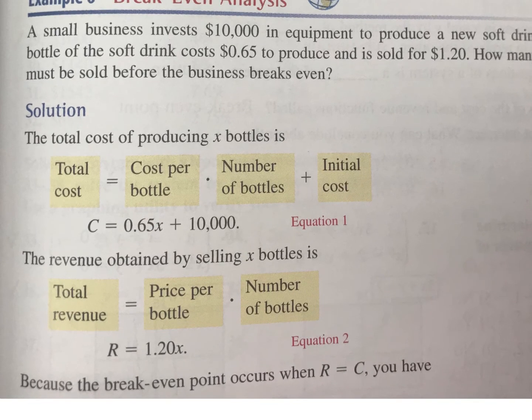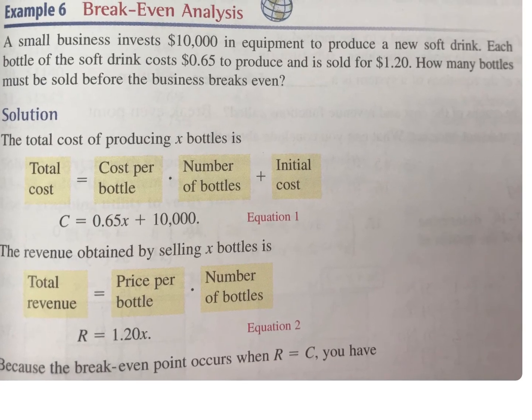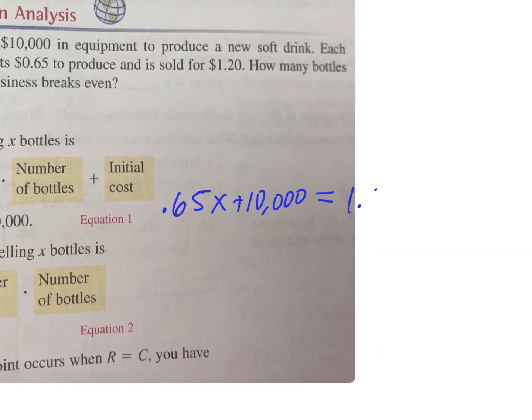Their revenue is what they make. It's $1.20 per bottle. So if I want to know the break-even point between these two things, what do I do with those two equations? I'm going to set them equal to each other. So I have 0.65x plus 10,000 equals 1.20x.